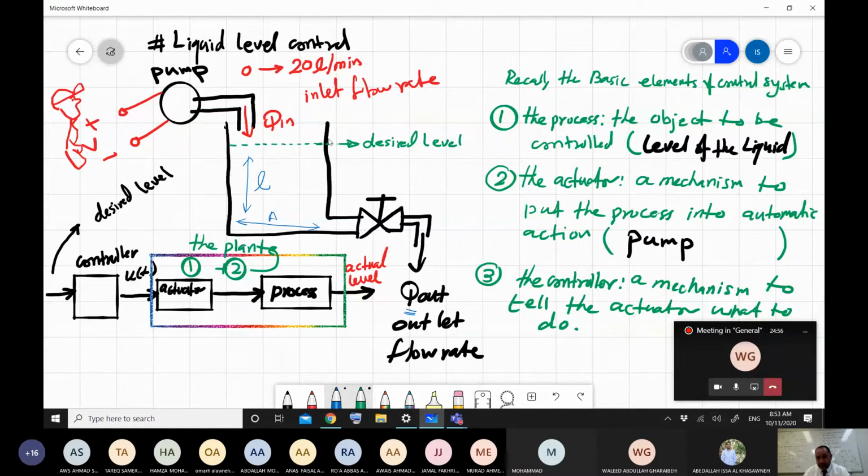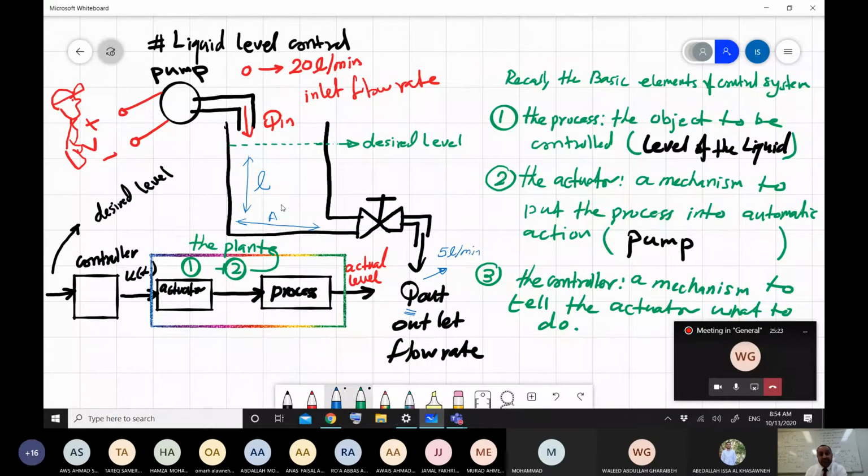Yes? So simply this means that let's assume roughly Q out. Who can choose Q out here? Any value? Of course, please respect that for my pump, the maximum flow rate is 20 liters per minute. So let's assume, who can say 5? 2? 5. Okay, so 5 liters per minute.